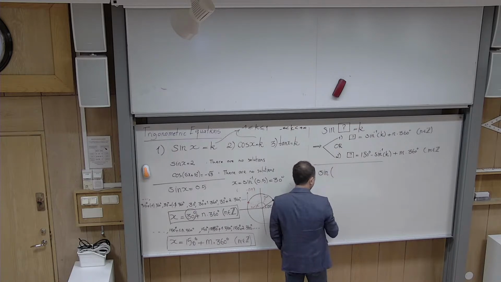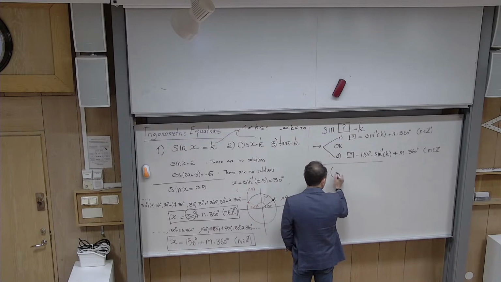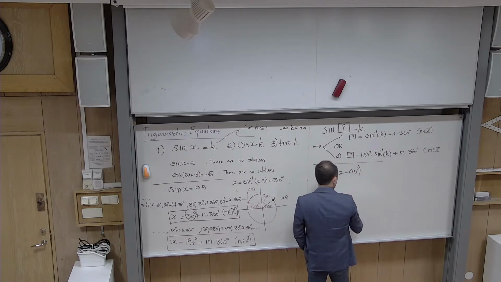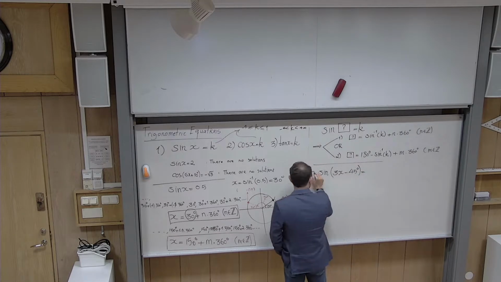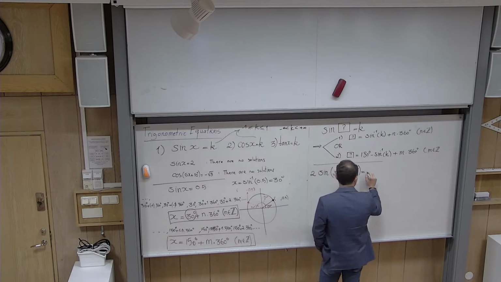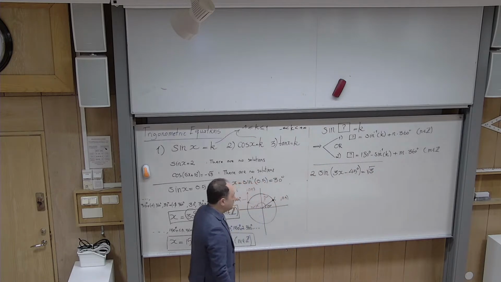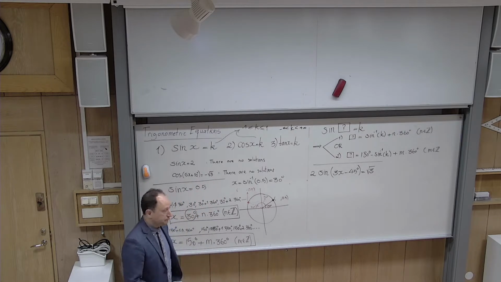So let me solve this equation. Sine 3x minus 45 degrees is equal to, so let me put a 2 here, and then let me put a square root of 3 here. We want to solve this equation.